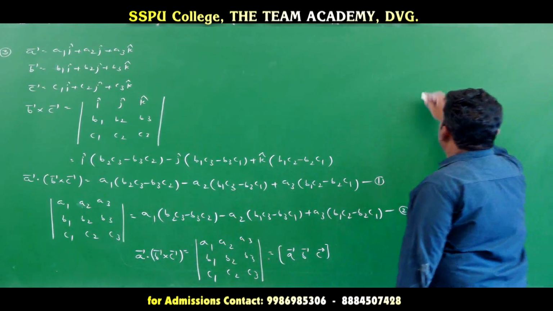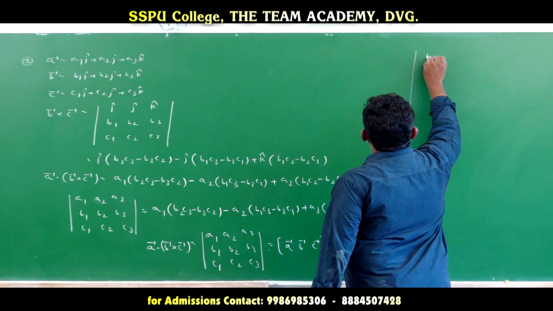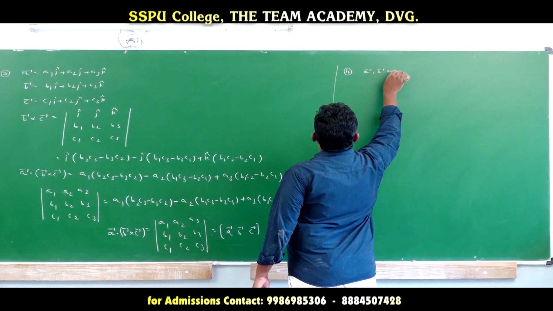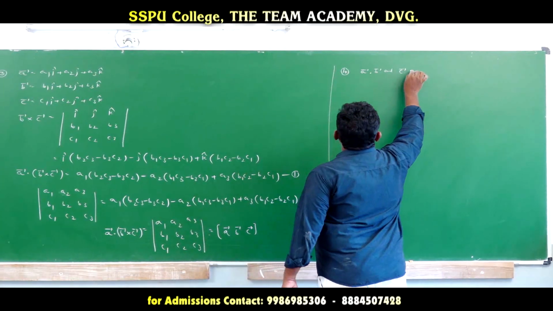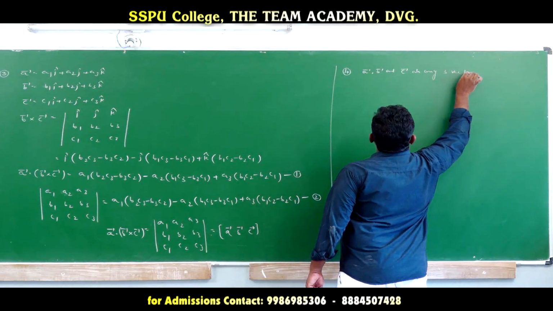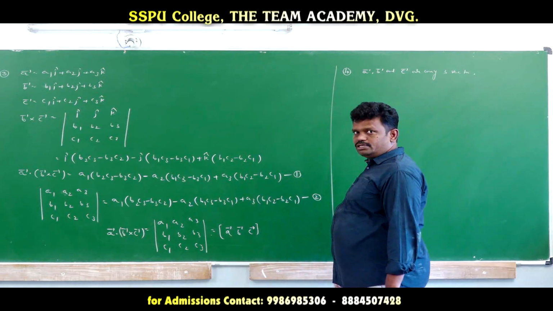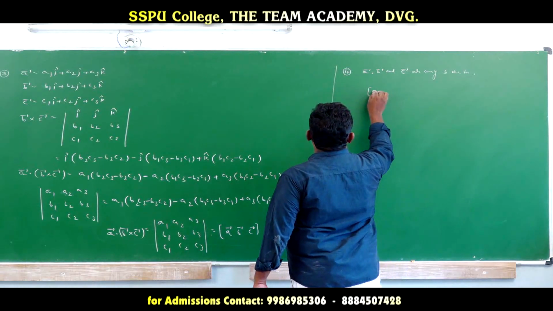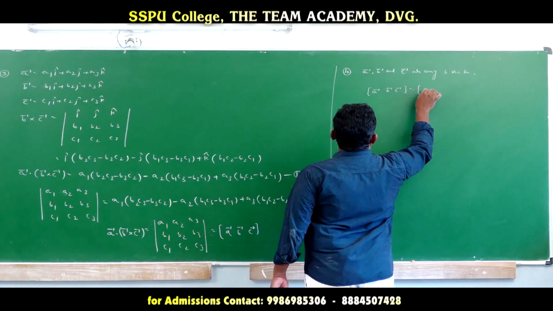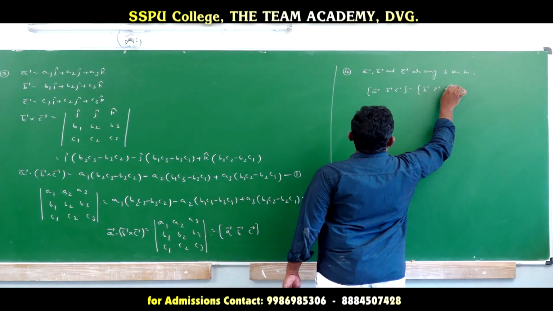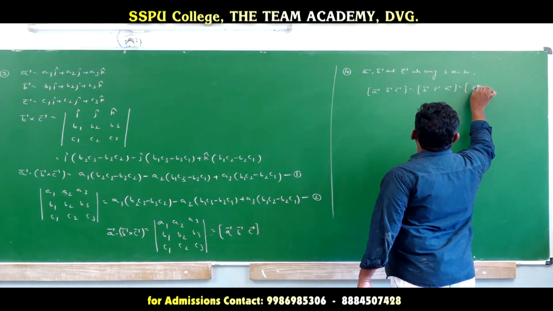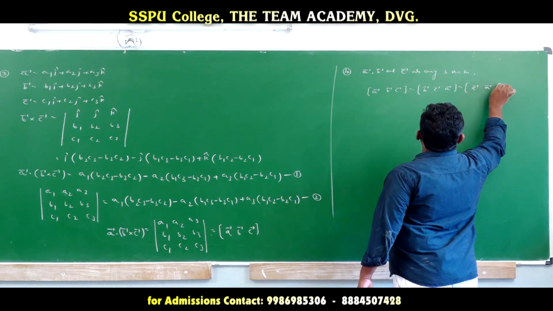Now another point, the fourth one. If you take three vectors, let A bar, B bar and C bar, or any three vectors, then the condition is: box of A bar B bar C bar is equal to box of B bar C bar A bar, is equal to box of C bar A bar B bar.